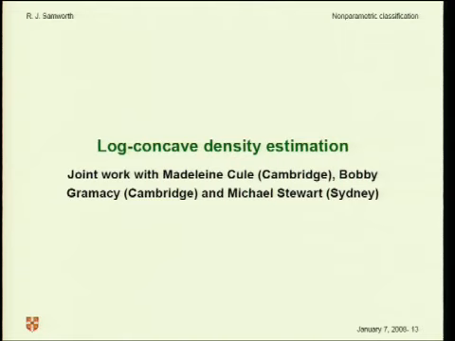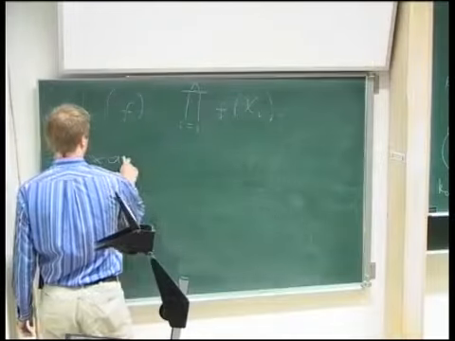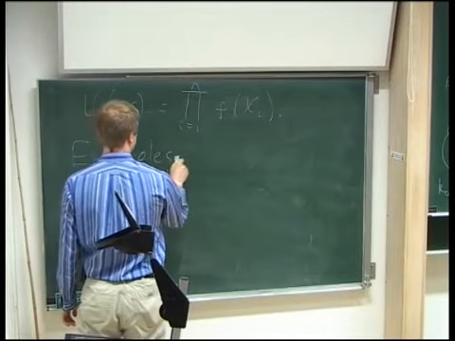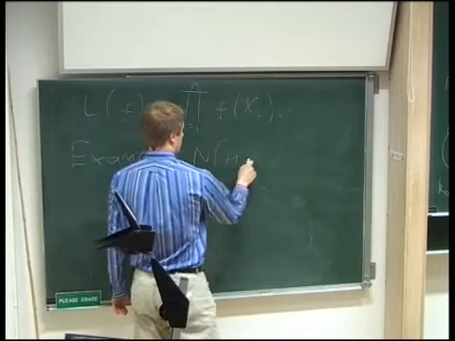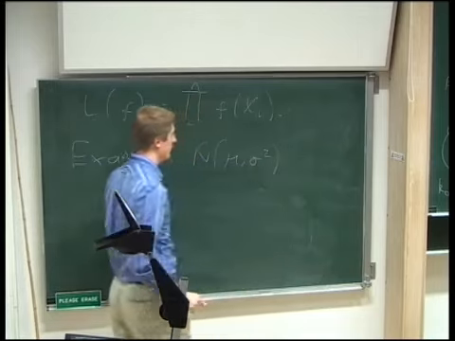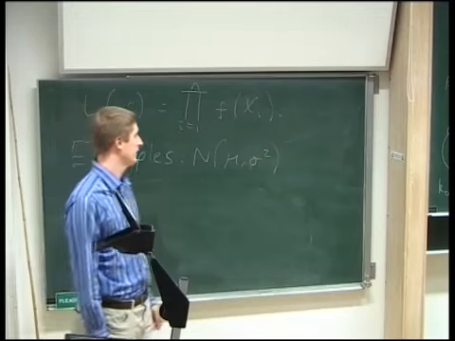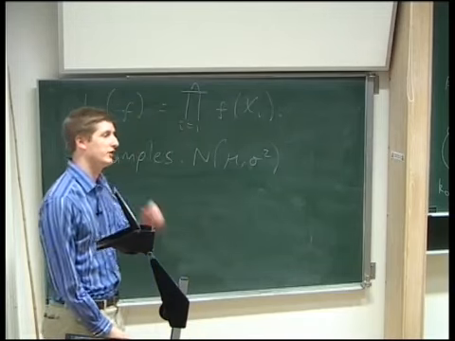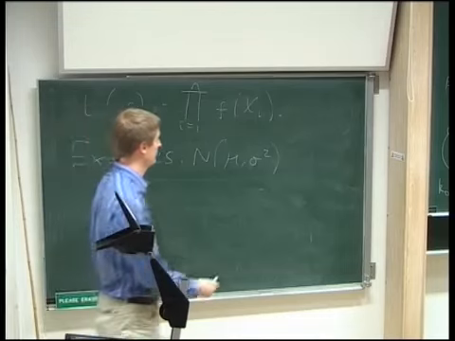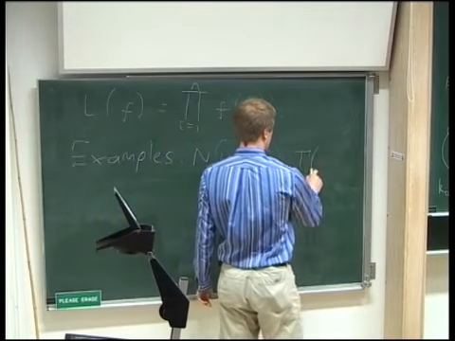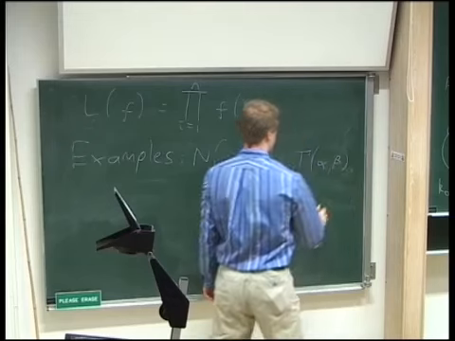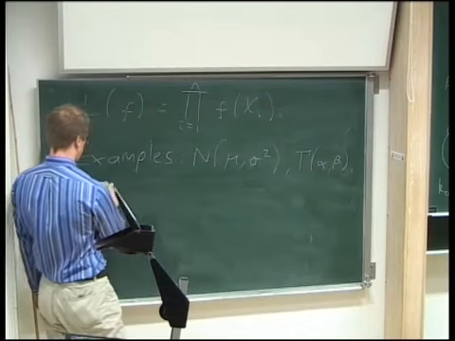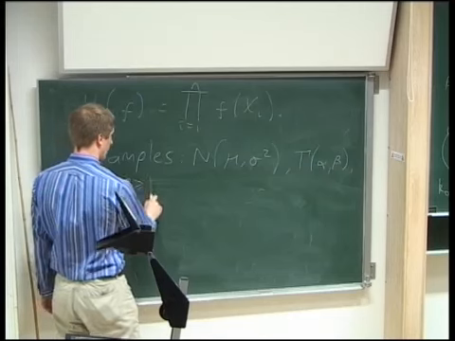So there are a lot of examples of at least univariate log concave densities. Very straightforward example, the normal mu sigma squared density, where the log of the density is, of course, a quadratic function, but also something like a gamma alpha beta density, provided that alpha and beta are greater than or equal to 1.